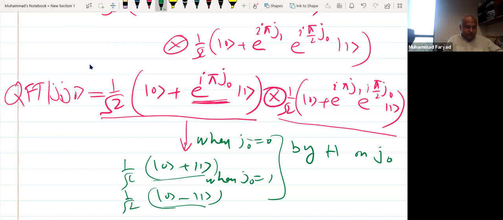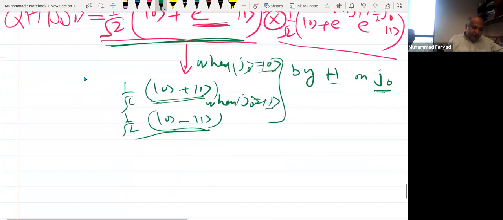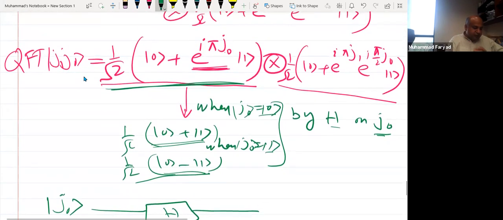Because a Hadamard on j naught will give us exactly this state. When j naught is in 0 state, you get the plus state. When j naught is in 1 state, you get the minus state. So this qubit can easily be obtained, by doing a Hadamard on j naught. So if I want to draw a circuit, and let's say this is my j naught qubit, which is at the top of the circuit, all I have to do is do a Hadamard on this one. And this will give me this first qubit.